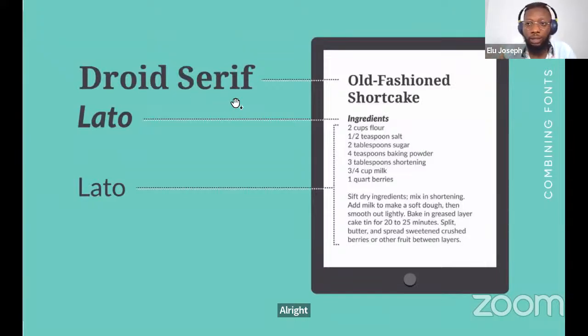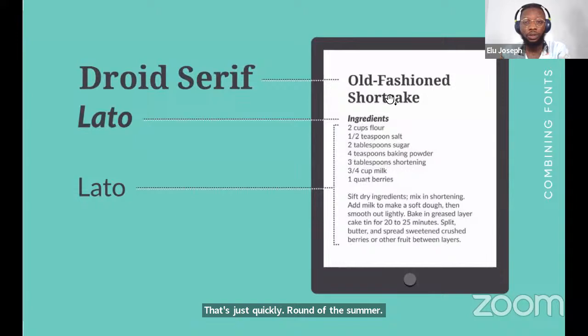So sorry about that. It was a glitch and it has been sorted now. So let's quickly round up the summaries. There are fonts that have so many other categories that you can use.